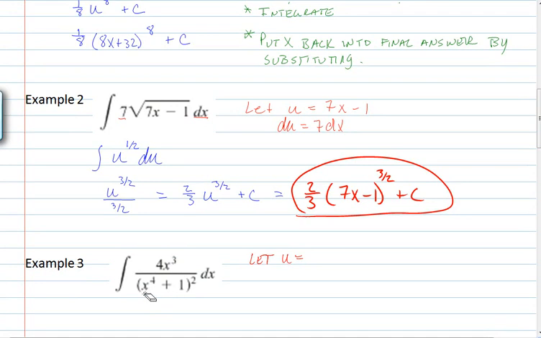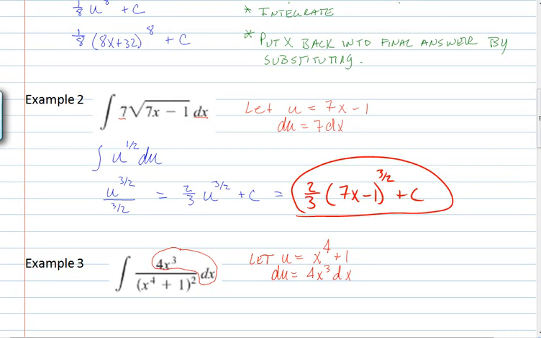Let u be this expression down here that's being squared. So we're going to let u be x to the 4th plus 1. du is 4x cubed dx. Well, look at what we have here. There's our 4x cubed dx.